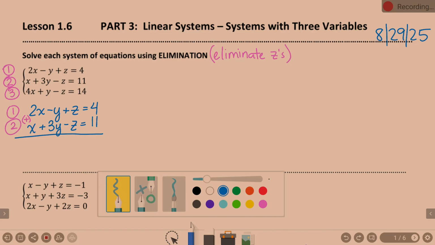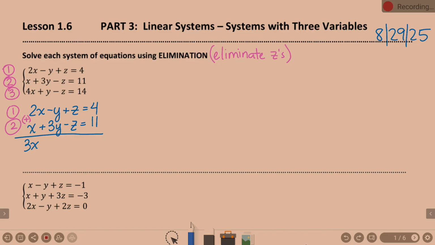What is 2x plus x? 2x plus x is 3x. What is minus y plus 3y? 2y. So plus 2y. Z plus negative z cancels.